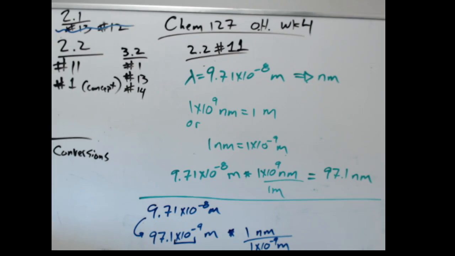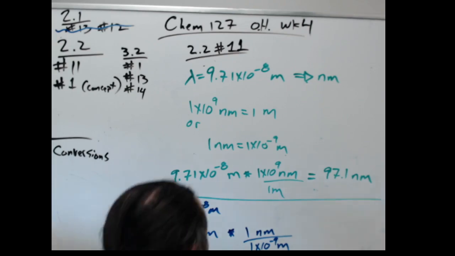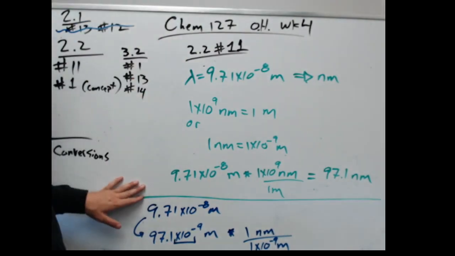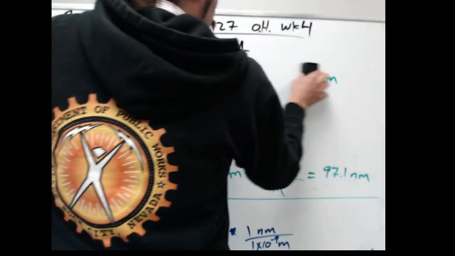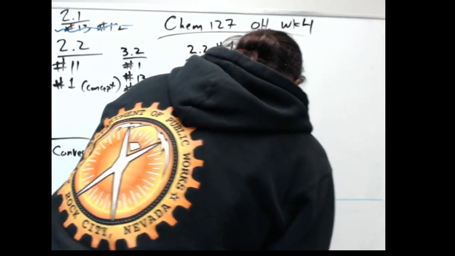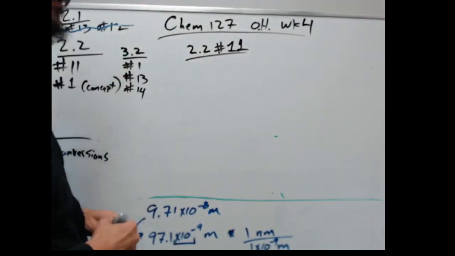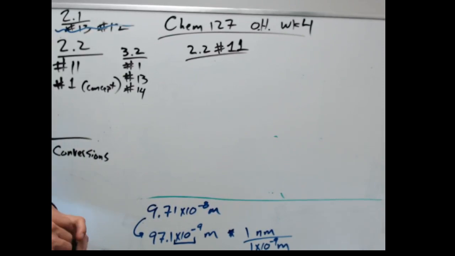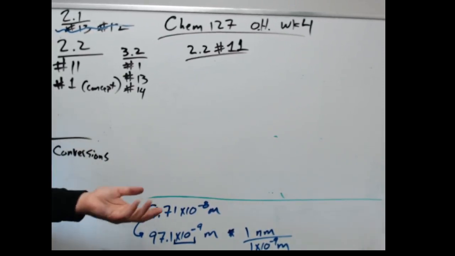So let me show you another one for how I do that real quick. I'm going to erase this work in green if that's okay. So one of the things we dealt with 2 weeks ago was micromolarity.